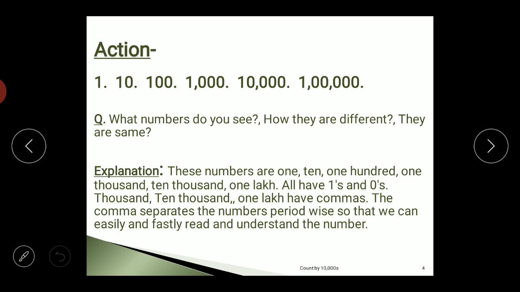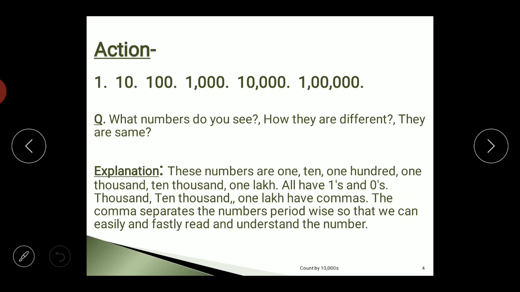1000 has 1 comma after 3 zeros from the behind. The last 3 digits are known as the ones period. So it is easy to read and understand that the fourth digit place is 1000, so the number is 1000.